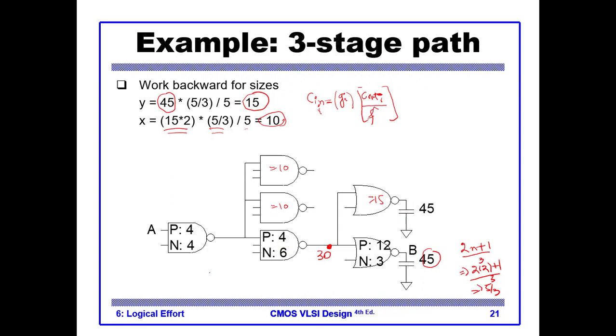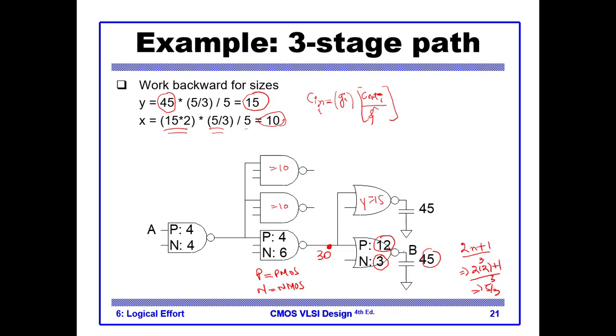because we want to know the size of PMOS. P is for PMOS and N is for NMOS. So what are the relative sizes? Remember that Y is 15 here, so it is divided such that the PMOS size is 12 and the NMOS size is 3. Why?